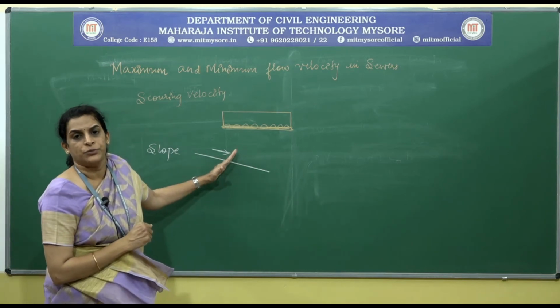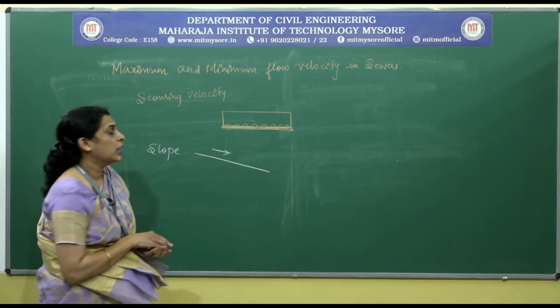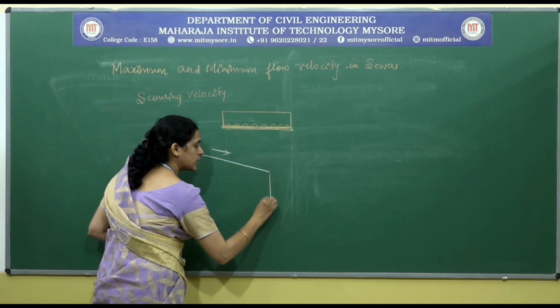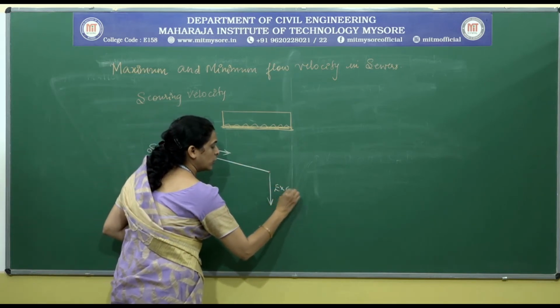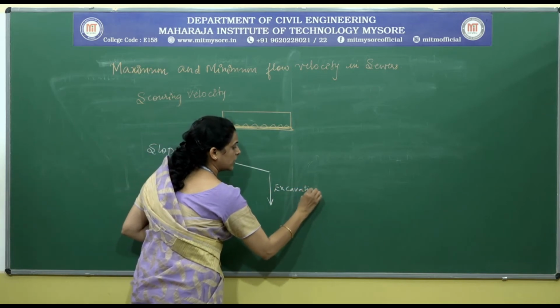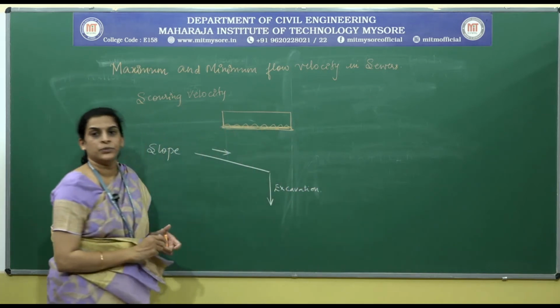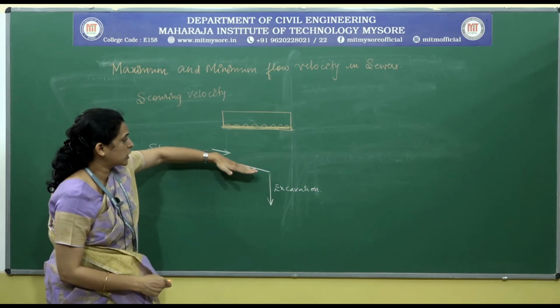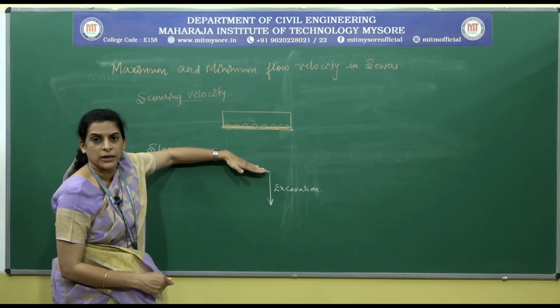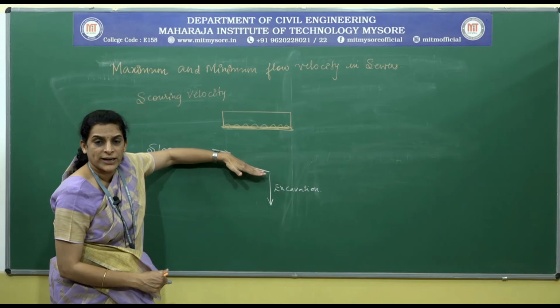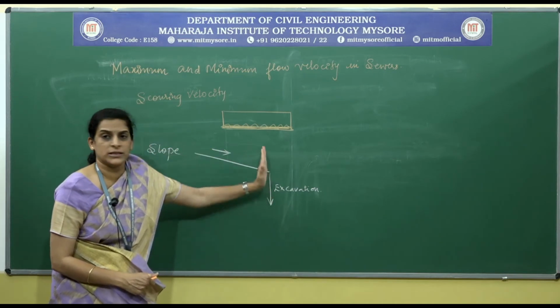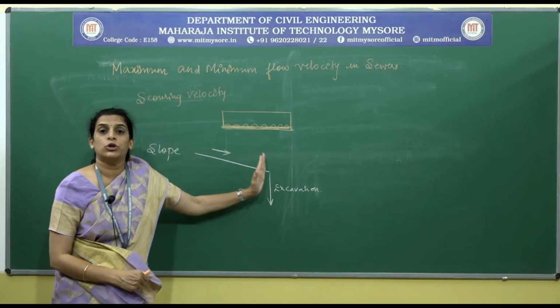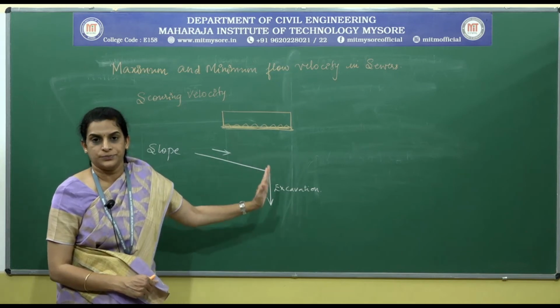unwanted velocity, which means the excavation required will be very high. That is, if the slope is selected in such a way which requires extensive excavation, then it would be uneconomical.